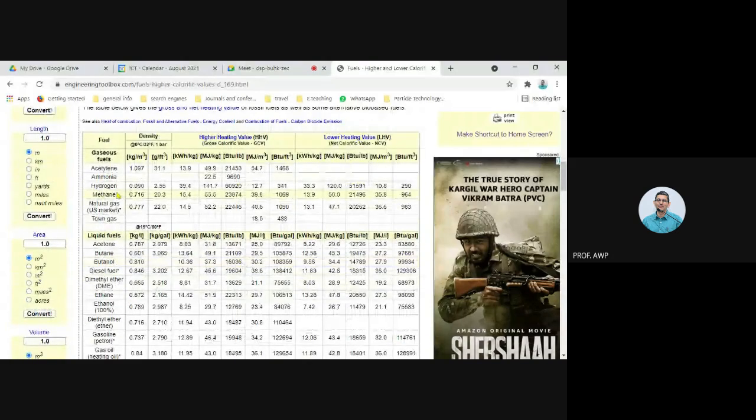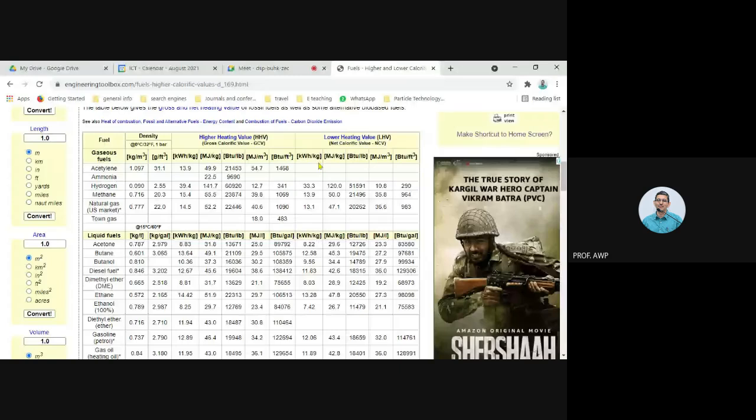Methane is here. It has a higher heating value and a lower heating value, gross calorific value or net calorific value. You want to look at the second part, the lower heating value, which is given in different units.